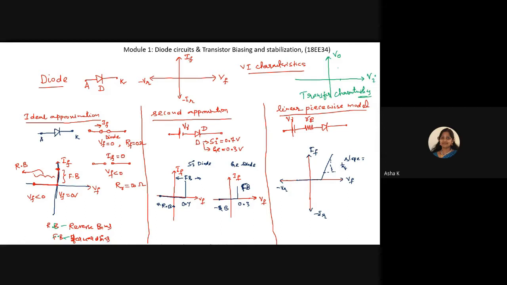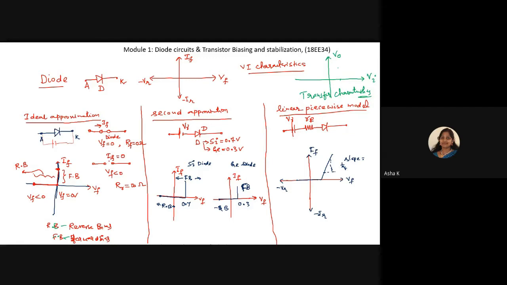Whereas when the diode is reverse biased, I change the polarity of the supply applied to the diode. When the forward voltage VF is less than zero, the current remains zero.